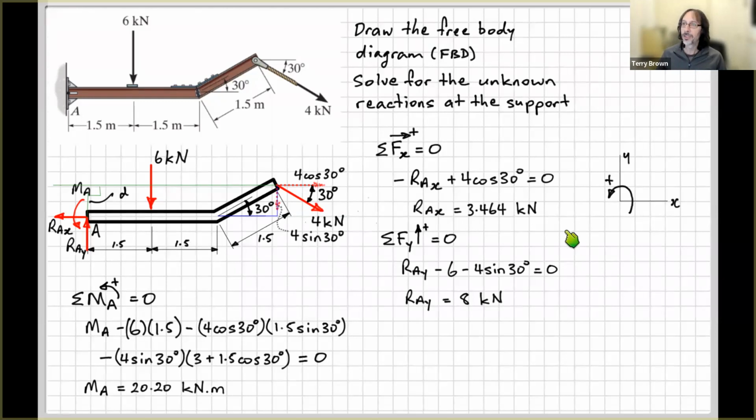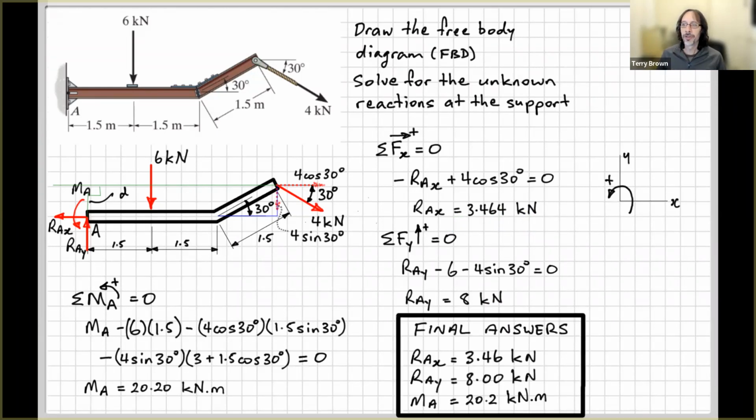Note that throughout my solution, everywhere that I calculate a numerical value, I indicate what the units are for that. So that's it. Now we just summarise our answers, note our final answers at the end, and round our answers to an appropriate number of significant figures. And usually for most engineering problems, 3 significant figures is plenty.